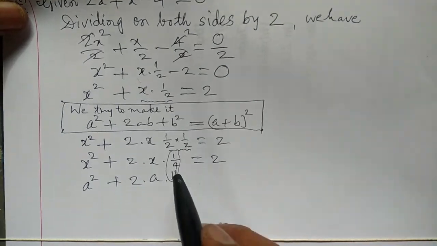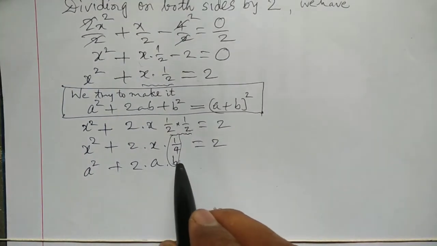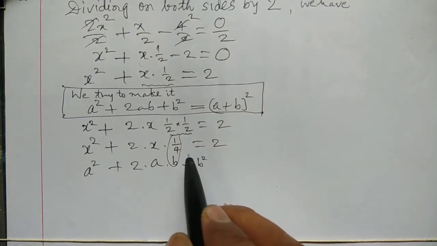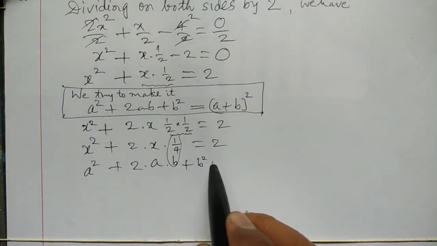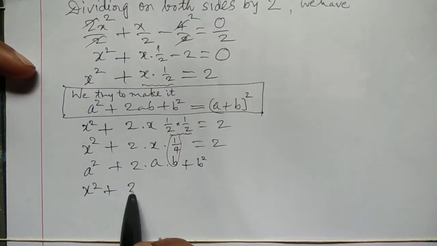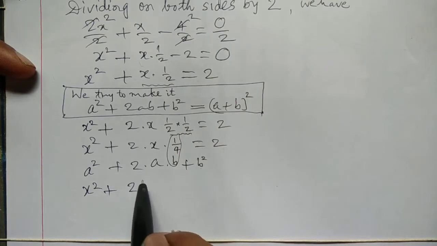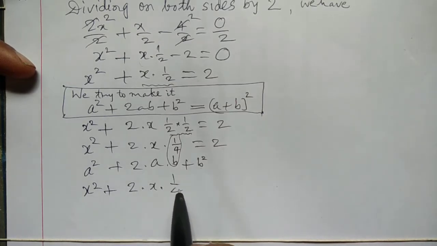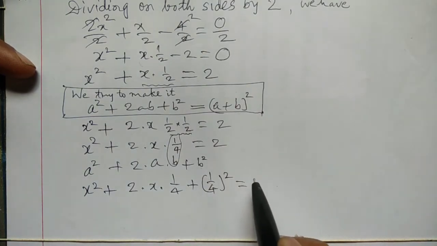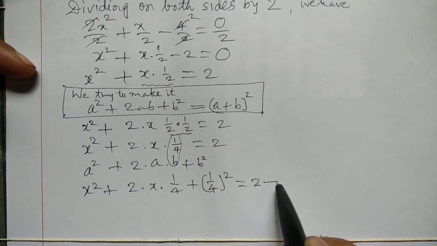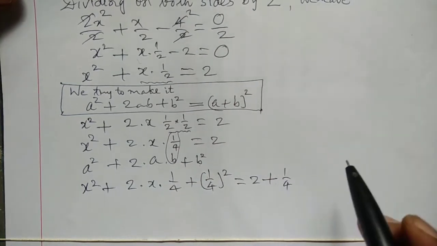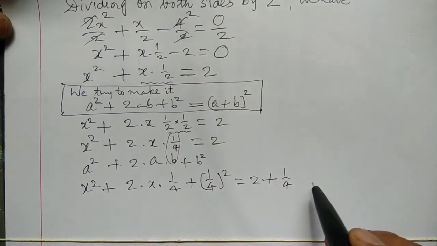That's why we have to add b², which is (1/4)², on both sides.